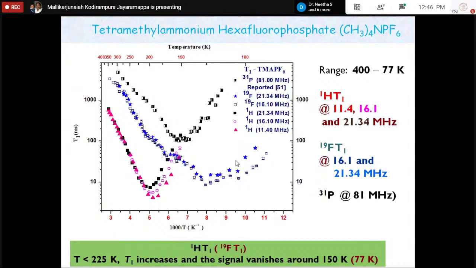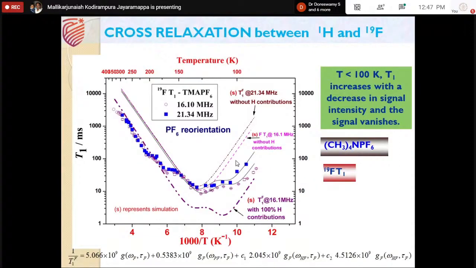Here, to understand in more detail, we performed this fluorine NMR and hydrogen NMR, solid state NMR at different frequencies, which enabled us to distinguish the contributions due to hydrogen bonding happening in the system, and how hydrogen is influencing the relaxation of the proton and vice versa.